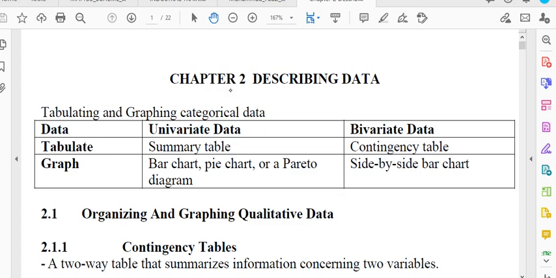You can have the bar chart, the pie chart, the Pareto diagram, and so on. This is how you describe your data and present it visibly. So let's start.